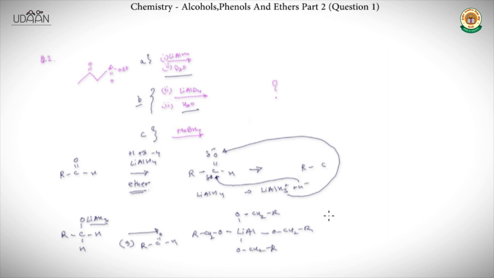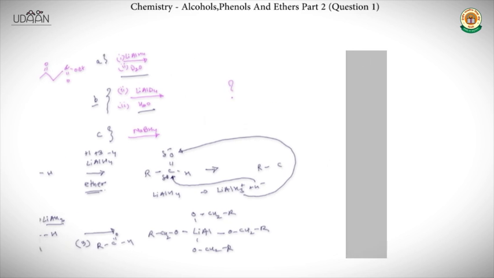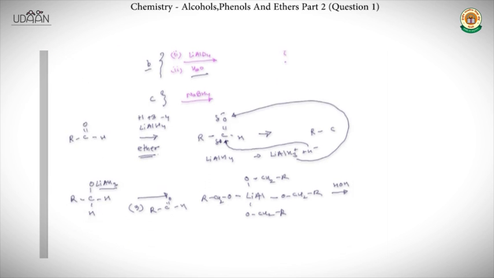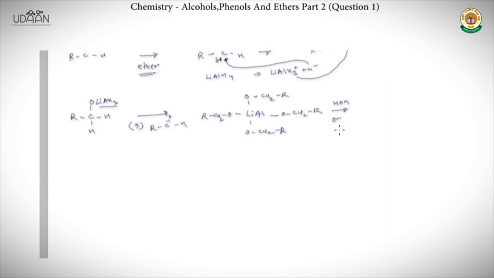And then, as in this case the second step is hydrolysis, we will add water, HOH, or you can also write it as H2O. And 4 molecules of HOH will be there.